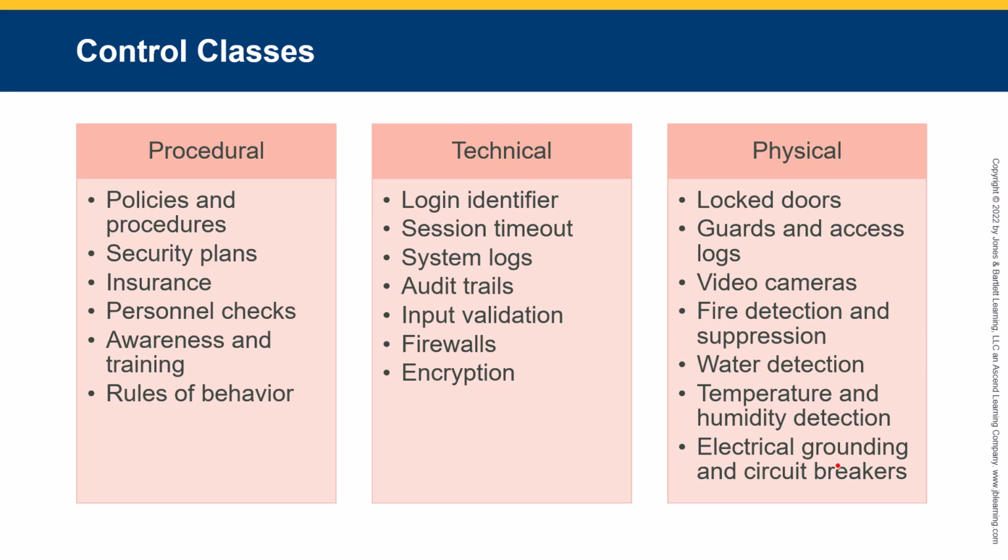So procedural, administrative, managerial, those are going to be the policies, the procedures, the guidelines, the planning, things like that. Technical or logical, that's going to be the technology-based control. Physical controls will be the locks, the lights, the cameras, CCTVs, things like that.